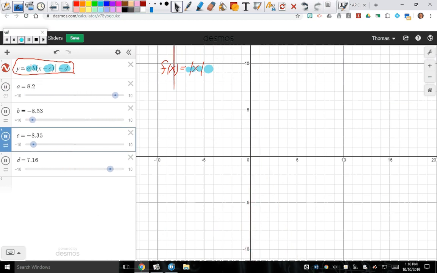Now if I stop A and I pause A, what will it stop doing? Stretching or compressing vertically. You with me? Look at this. I paused A, but you still see it stretching and compressing.